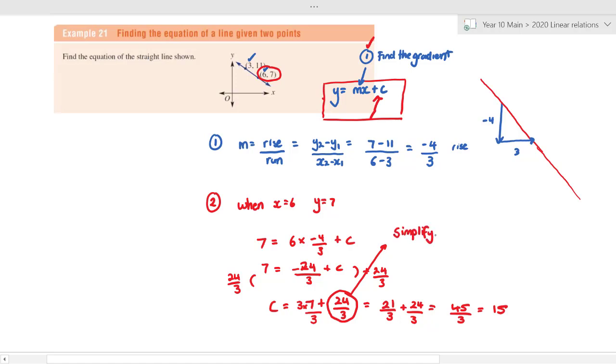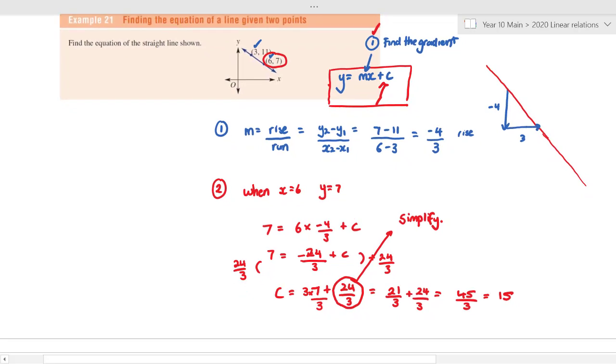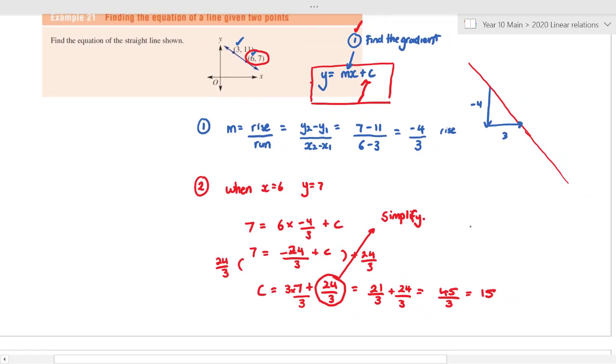That 24 divided by 3, hopefully you can recognise is 8. Okay, so now let's take the equation. Therefore the equation of the line is y is equal to, step 1 we found the gradient, what was that, -4/3 x plus c, which is plus 15. So there you go, and that 15 would tell us that the y-intercept is 15, isn't it? 0 and 15.